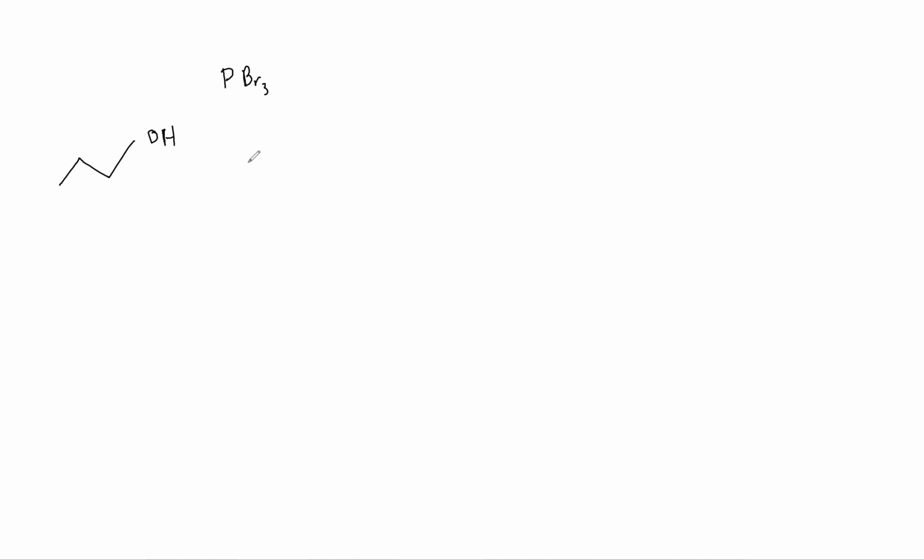PBr3 looks like this, where that phosphorus has a free pair of electrons. So phosphorus is going to take the place of the hydrogen as before. It will grab onto the phosphorus, this bond will break and go onto the bromine, and we end up with this right here.